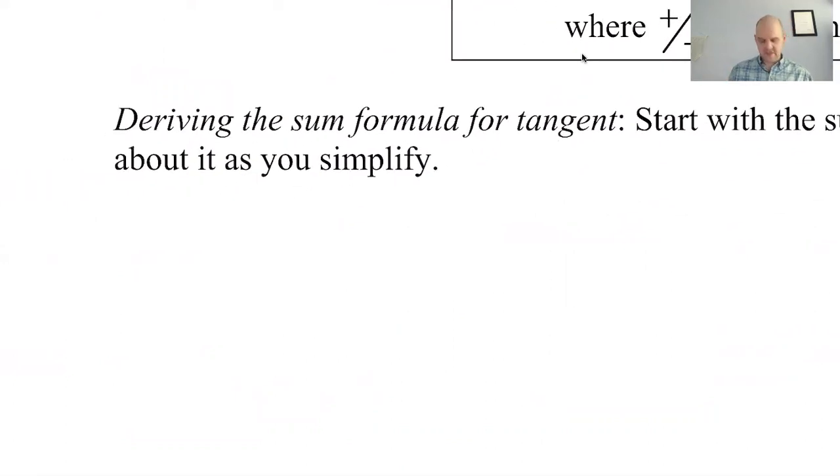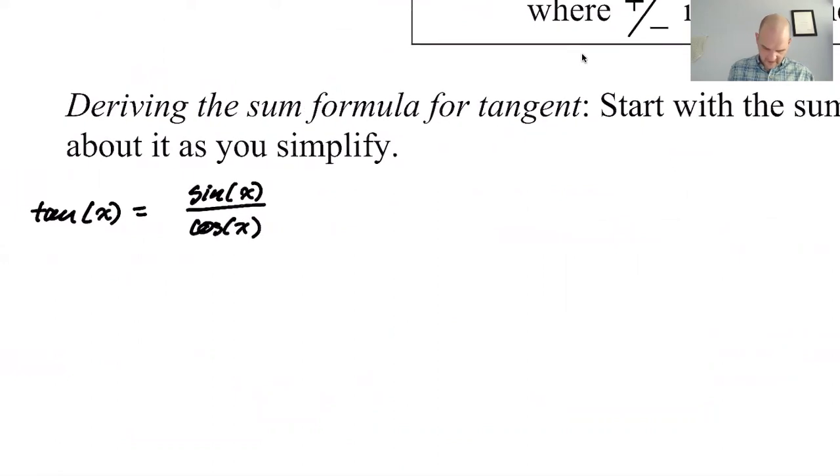So what is tangent equal to? Tangent of x is equal to the sine of x over the cosine of x. All right, so what does that mean for us? Well, that means the tangent of a plus b should equal the sine of a plus b over the cosine of a plus b.